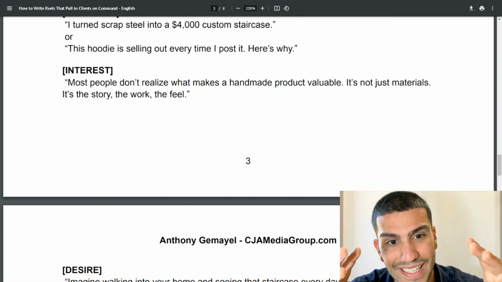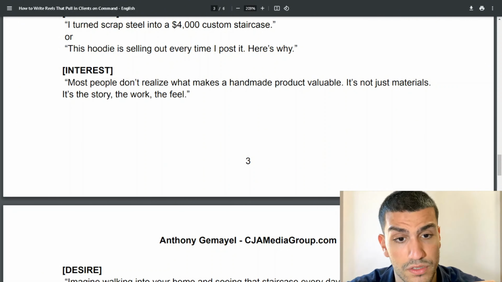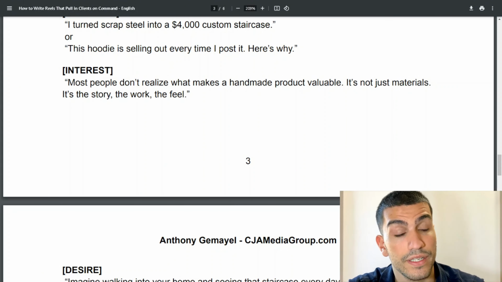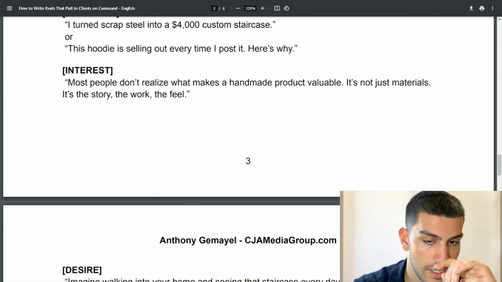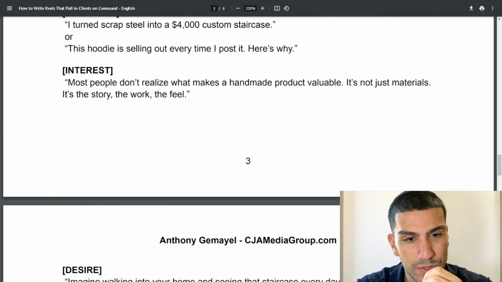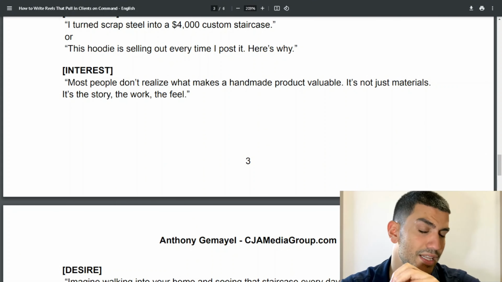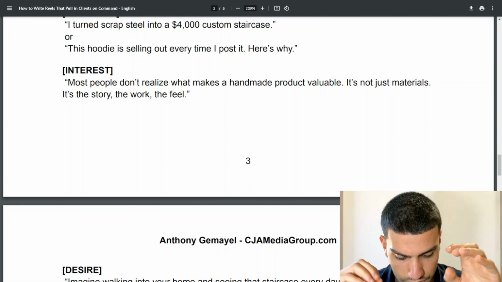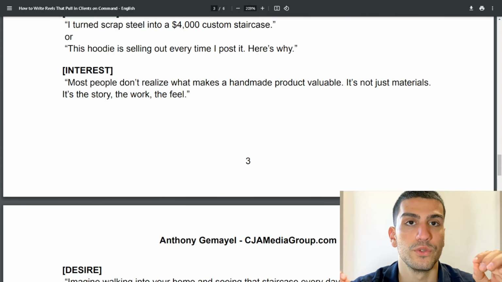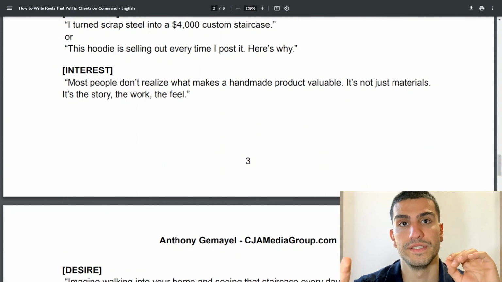Why is this tiny necklace thousands and thousands of dollars? Because it's not just materials, it's the story, it's the work, it's the feeling. Now, this is kind of it. You gotta link them together, you gotta find a way. It's adaptable. Each situation, it's the same. That's why I don't like formulas, but you gotta adapt this to your own business.